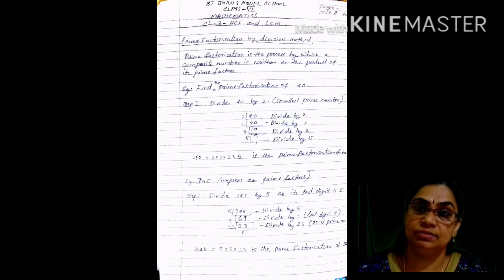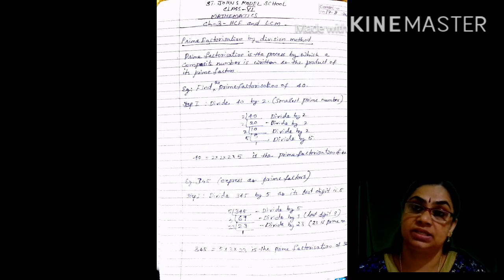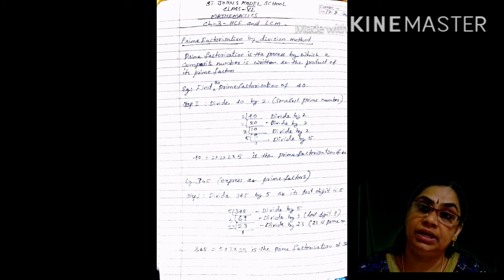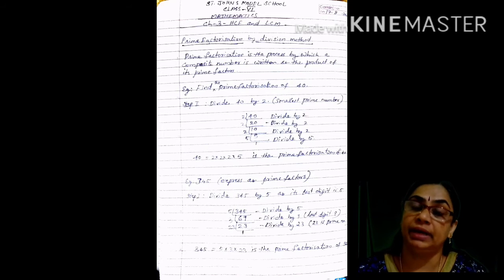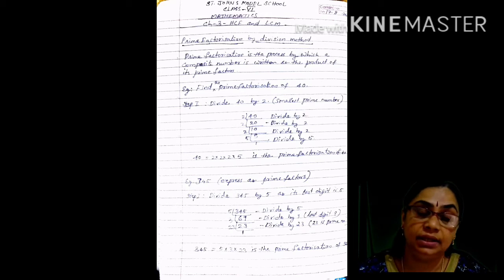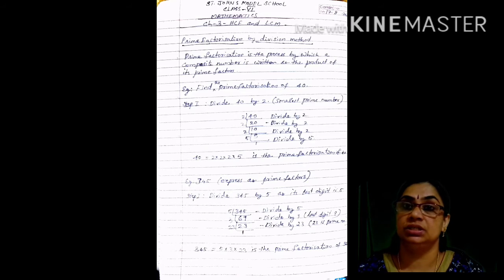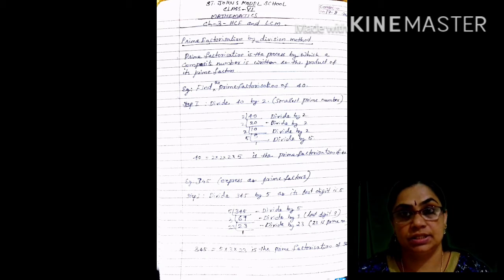Prime factorization means expressing a given number as a product of prime numbers, and that expression is called prime factorization.